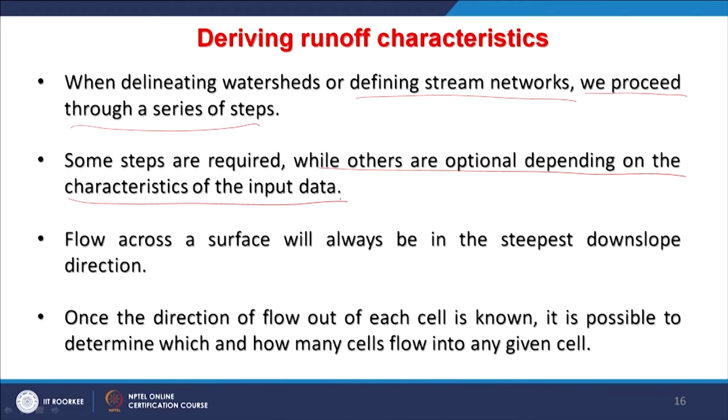Once the direction of flow out of each cell is known, it is possible to determine which and how many cells flow into any given cell. So, each cell has to flow out, but how many cells will flow into one cell will also be determined through flow direction. And this information can then be used to define watershed boundaries and stream networks.